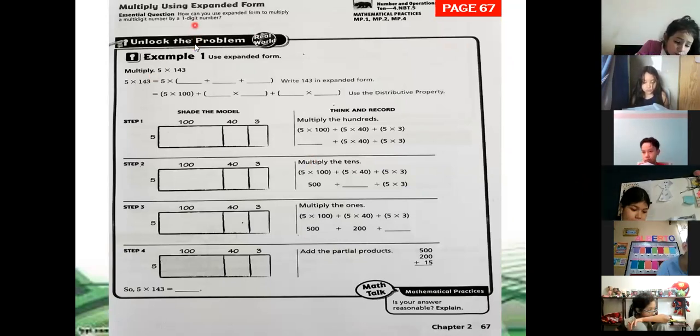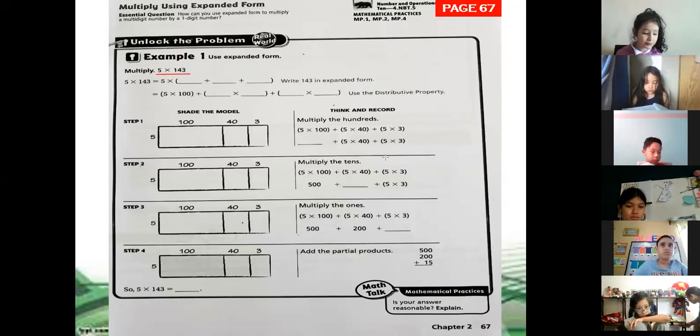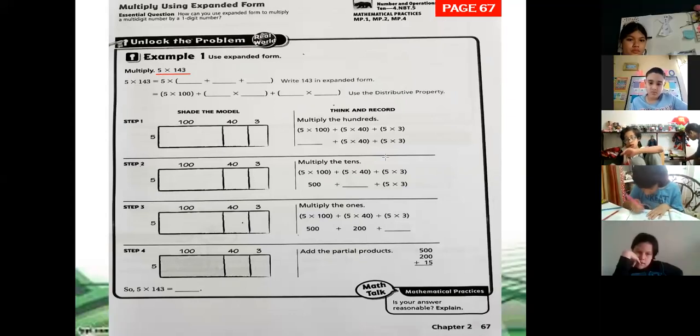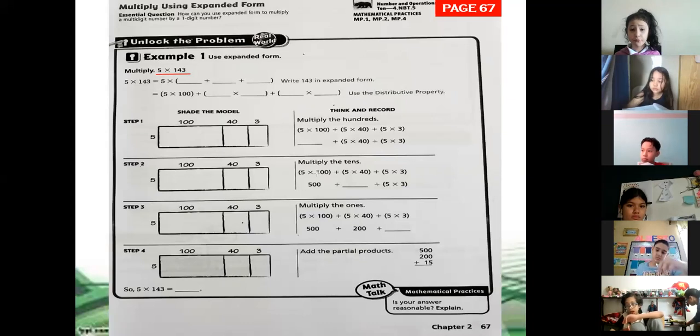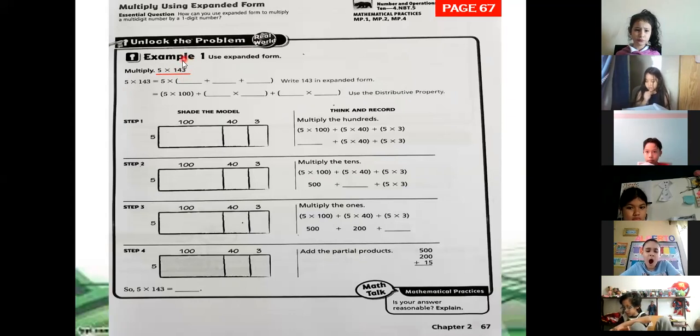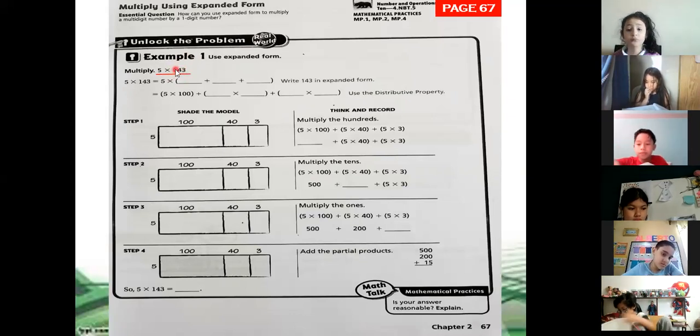Multiply 5 times 143 using the expanded form. How can we write the expanded form of this number, 143? We think about the position of each digit. Number 3 is located on the ones, number 4 on the tens, and 1 in the hundreds.